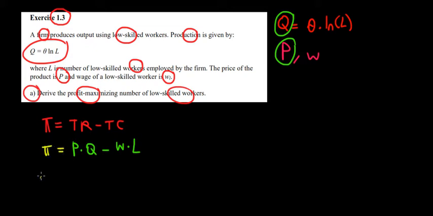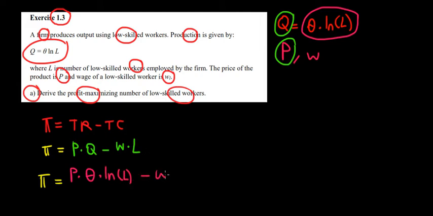Now to calculate the profit, we must do some substitution, because we know the quantity function is given as a function of the labor. It's theta times ln of L. So we will have here price times theta times the logarithm of L minus W times L. Now what we can see here is that we will have a certain relationship between the profit and the low-skilled workers.